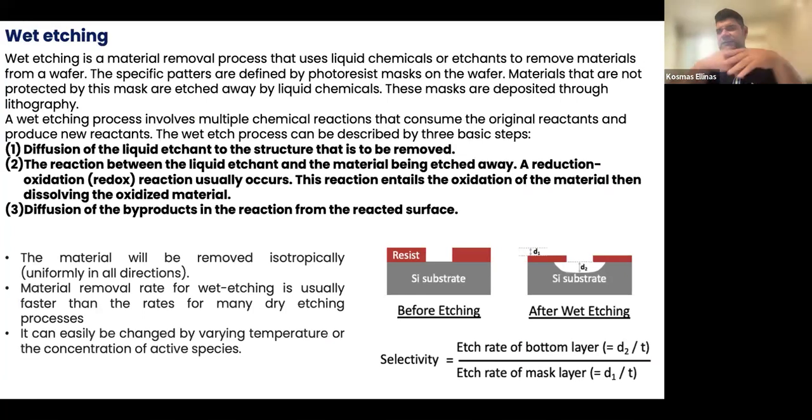But you cannot easily take a completely vertical profile using wet etching. The parameters that affect the etching rate, how fast this etching occurs, are temperature and, of course, the concentration of the liquid used to do the etching.